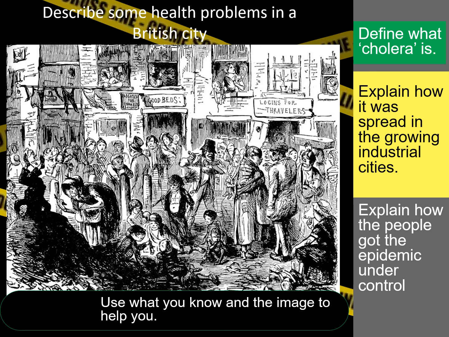Use what you know already based on the slum housing documentary you've seen and all the other things we've looked at with the cesspits, to think about what you would know, and maybe just do it as a describe question or even just a bullet point list of some of the health problems. Try to look for 4 or 5 that you might find in a British city. You can pause the video here at about 19 minutes and 5 seconds and do the task and then come back to it.